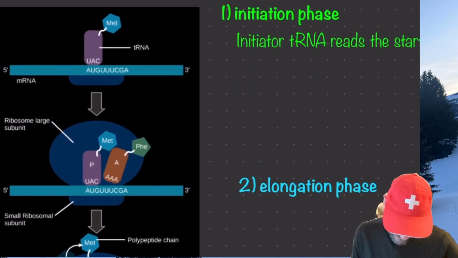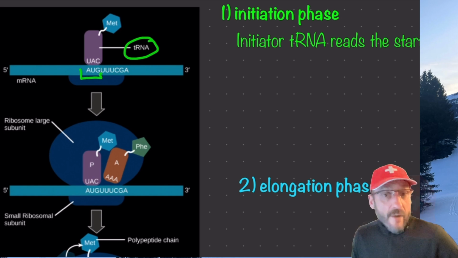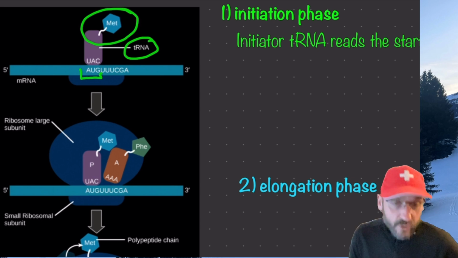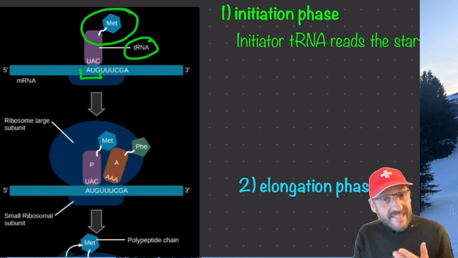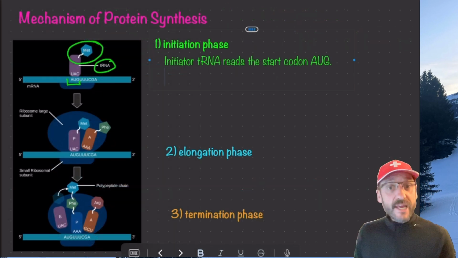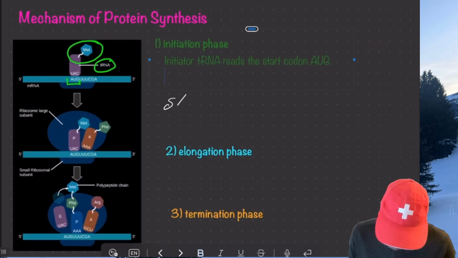We see how that tRNA reads that AUG start codon, and what it does is bring a special methionine to the beginning of the process, which at the end will be removed.